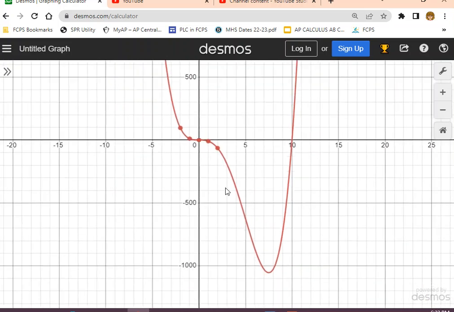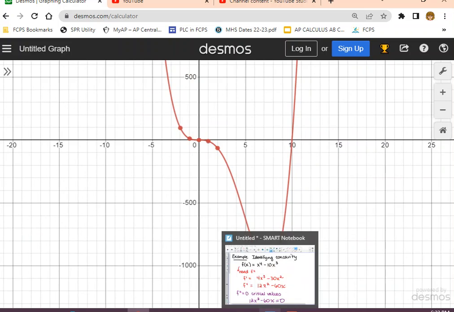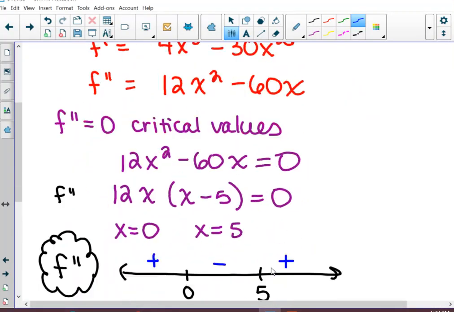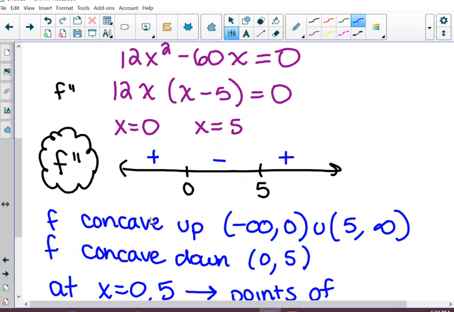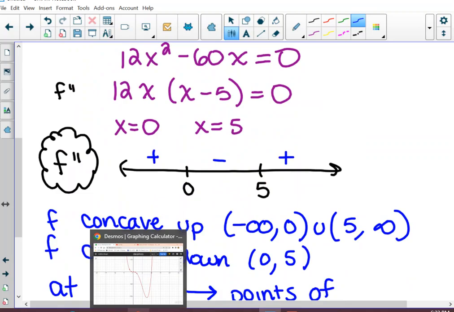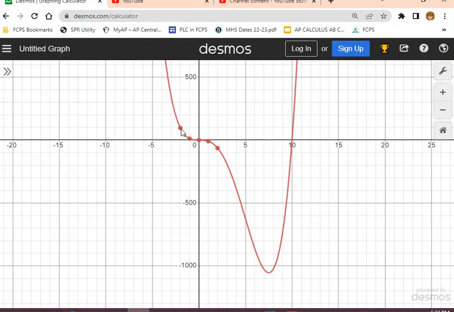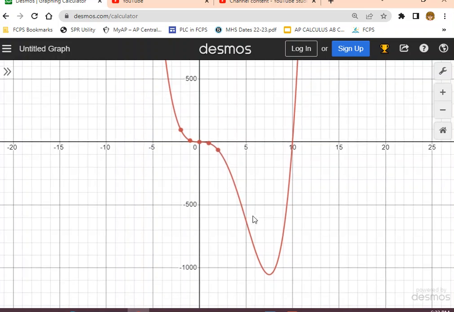What did we say? We said, remember we didn't do increasing, decreasing. We just did concavity. We said it was going to be concave up until 0, and then it was going to go concave down from 0 to 5. Well, this is definitely concave up-ish, and then it turns to concave down-ish. And then here's the interesting part. This part can't really see on the graph. You could just kind of eyeball it.